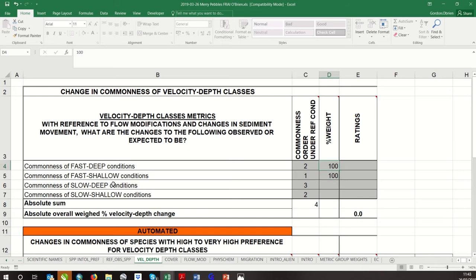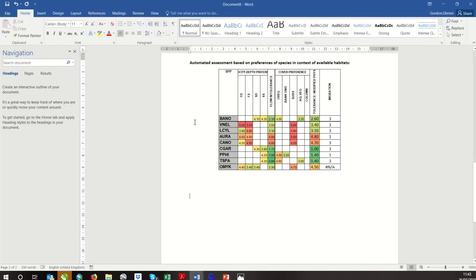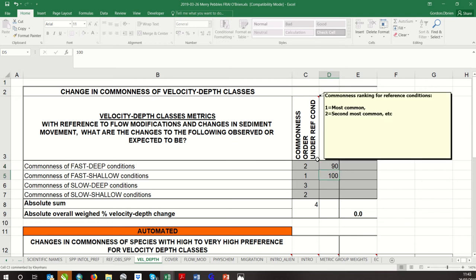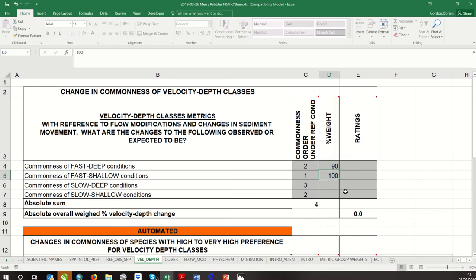Now, in relation to the importance of fast shallow, how important is fast deep? So you go back to your species list and you realize it's actually very, very important. It's probably just not as important as fast shallow. So I'm going to say in relation to my 100, I'm going to give that a weight of 90. It's not as important as fast shallow, but it's still pretty high. If you gave it a weight of 80, that would be fine. Do you understand?